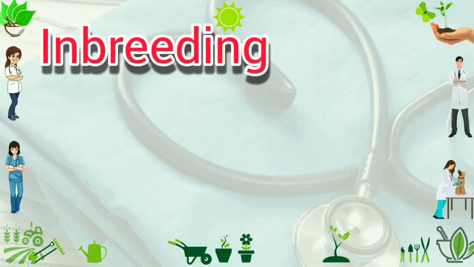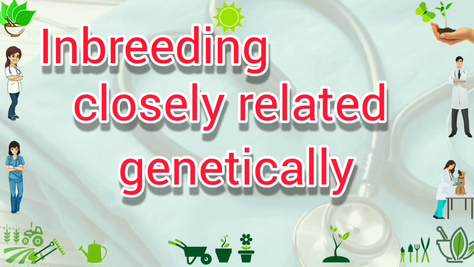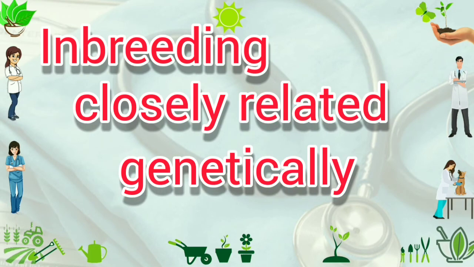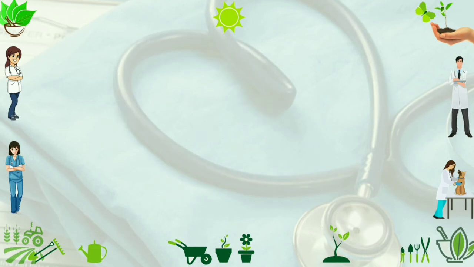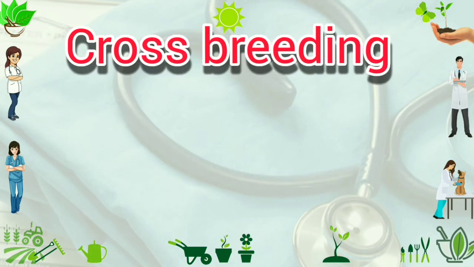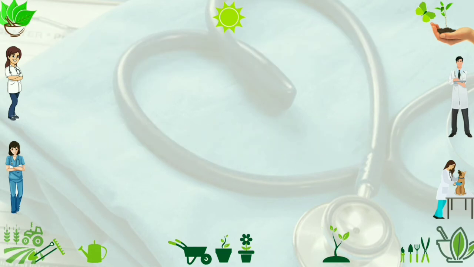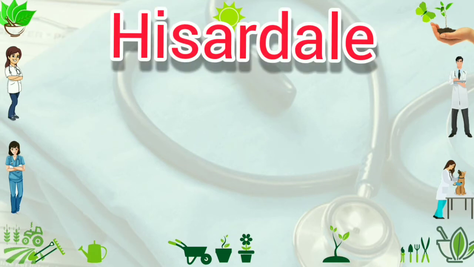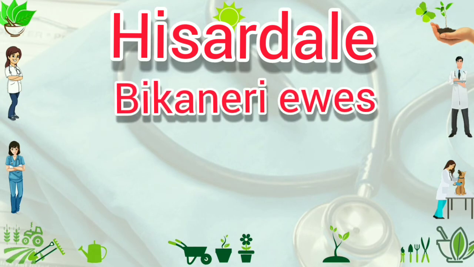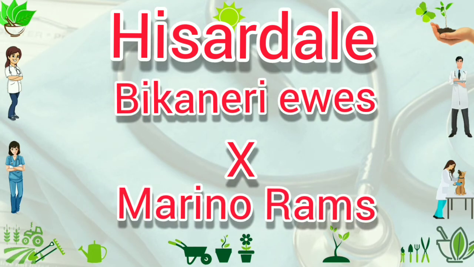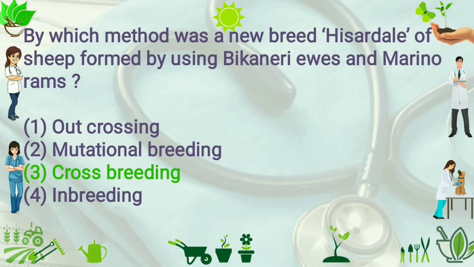Inbreeding is the production of offspring from mating or breeding individuals or organisms that are closely related genetically. On the other hand, crossbreeding is a process where the breeding takes place between two individuals of different species. In this system, a different variety of individuals can be identified. Hisardale is a new breed of sheep developed from crossing Bikaneri ewes and Merino rams at Punjab. So the answer is crossbreeding.